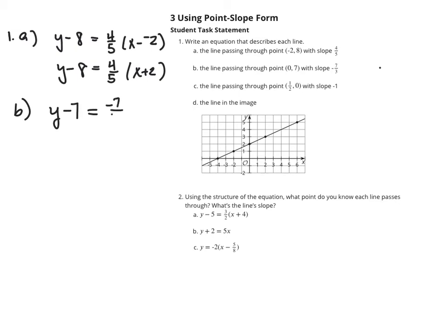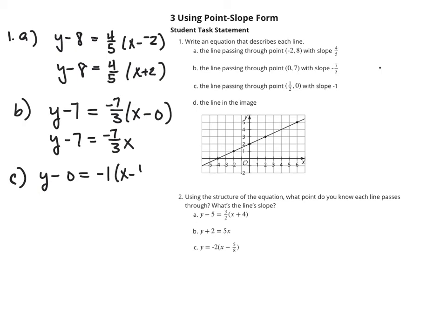Slope is negative 7/3, x minus 0. But again, you guys are too mature for that, so let's simplify it like that. And then c, the line passing through point with slope. Y minus 0 equals slope x minus 1/2. And again, too mature, let's simplify it.